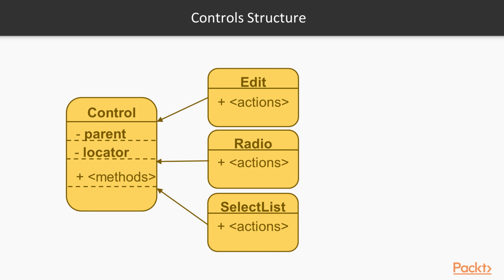Also, the base control class can contain common methods applicable to all the controls, like check for existence, check for visibility, click, and many others. For more specific controls, we can use inherited classes reflecting element type specifics. Thus, for instance, for text fields, we can reserve an Edit class, which contains set text functionality.